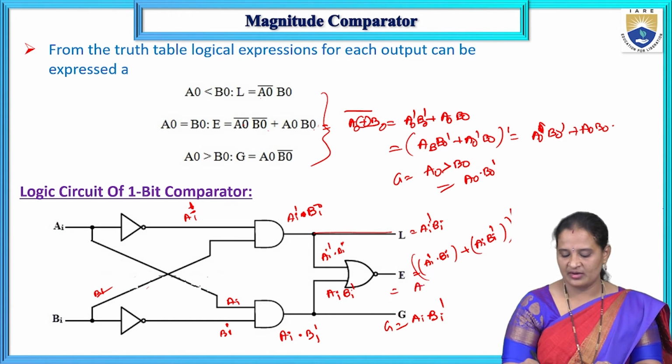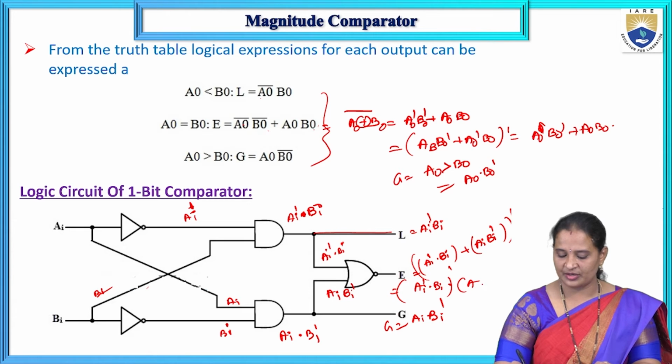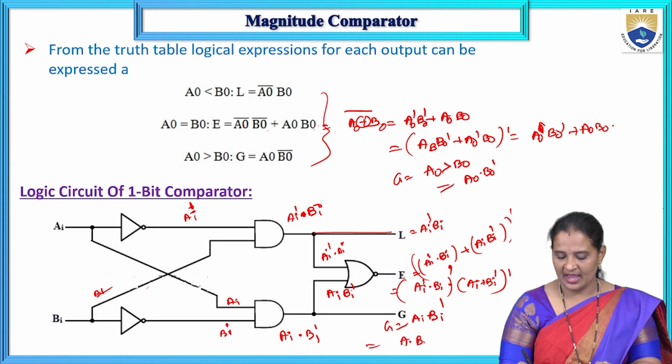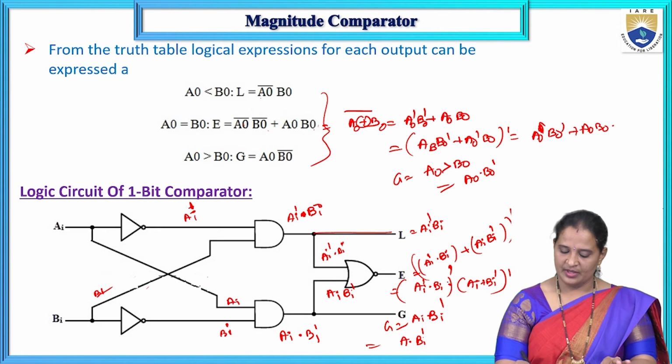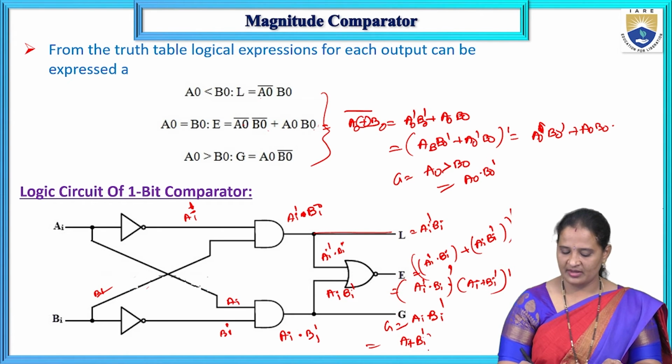Now expand this: AI complement into BI whole complement into AI plus BI complement whole complement. So what can I get here? A plus BI complement into A complement plus BI.